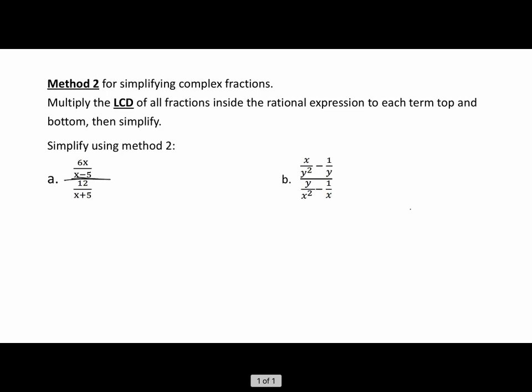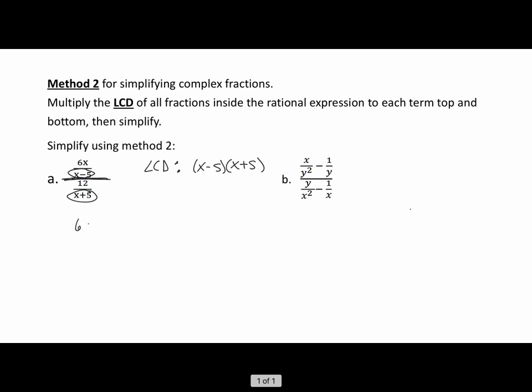Here's the main bar. If you look at the numerator part, there's the denominator. If you look at the denominator part, there's the denominator. So I want the least common denominator of all the parts. That means an x minus 5 factor and an x plus 5 factor. Those are unique and they appear at most one time.